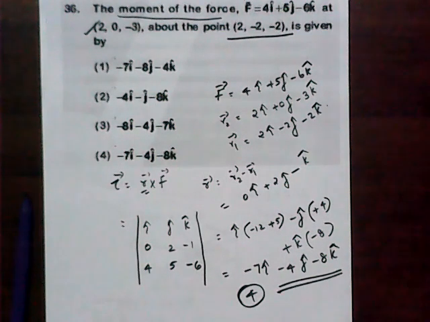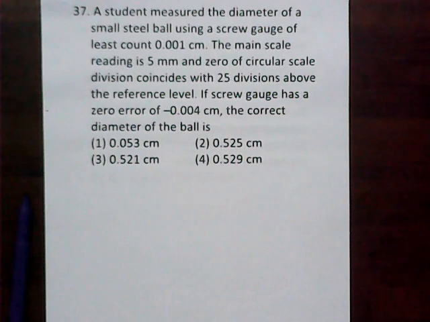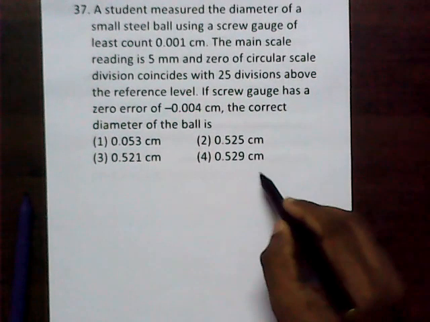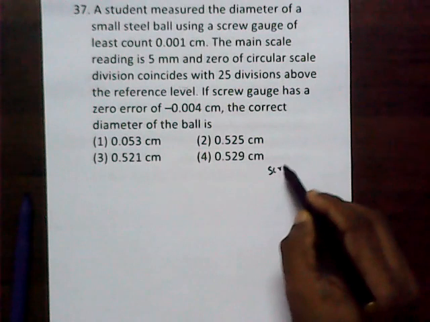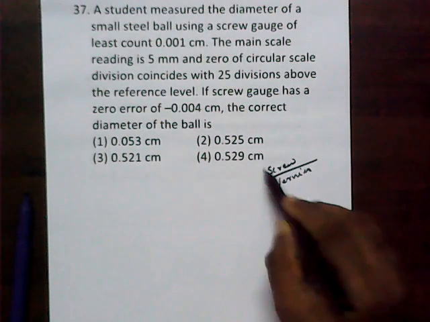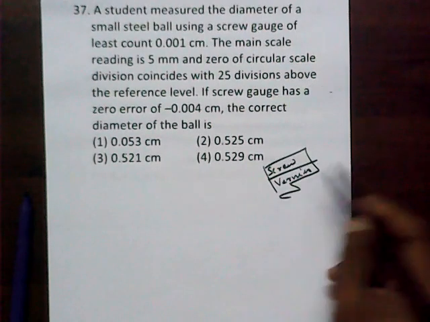A simple concept. Number 37. Students, you must go through the theory part, especially the screw gauge and the vernier, the very important concept. It is a good question.